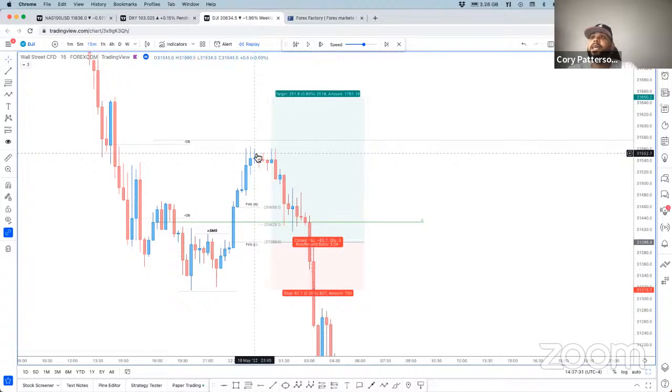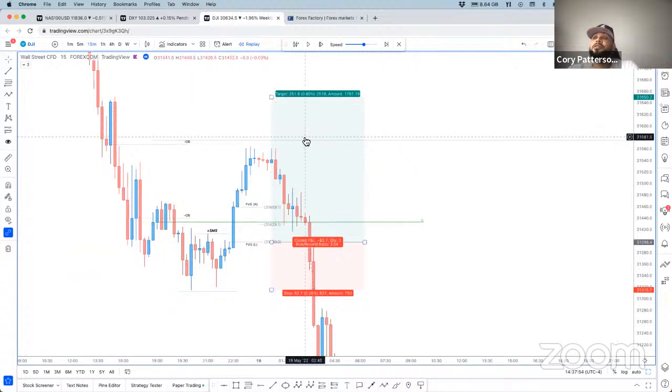So for us to take this trade as a buy, I'm not going to be looking for a 15-minute shift in market structure, because a 15-minute shift in market structure doesn't say that this is actually ready to go up. This just says, right, it's probably going to another higher time frame point of interest, right?